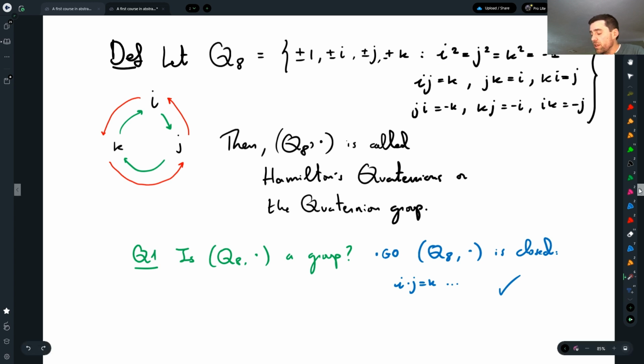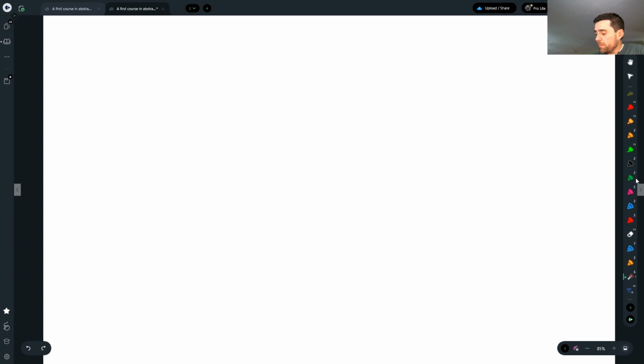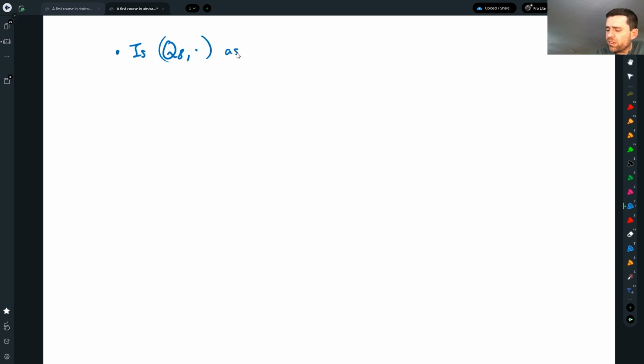For the associativity, is Q8 under multiplication associative? One can do the same and just check what happens if I do i times j times k. If I write it first as i times (j times k), then j times k gives me i, and i times i is minus 1.